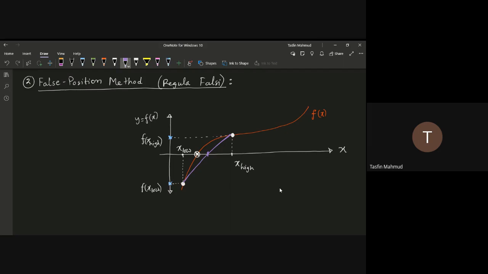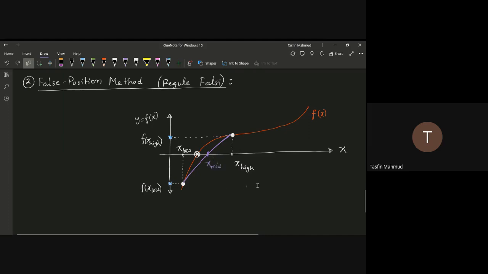So the way we calculate x mid is by considering a straight line. We are not bisecting the interval. Rather, we are considering this purple straight line joining the 2 given points, and from it we calculate the x mid.